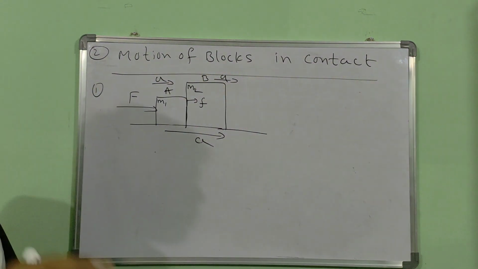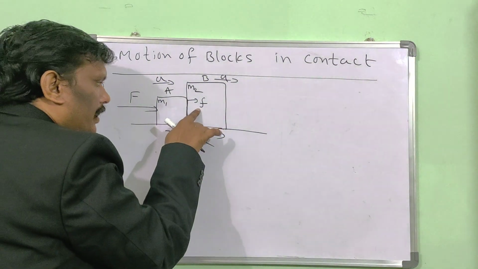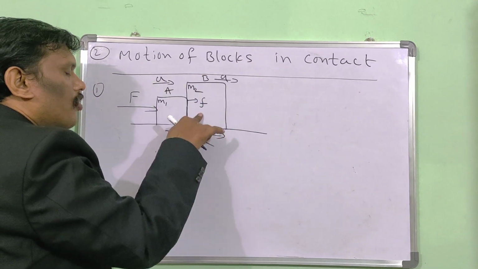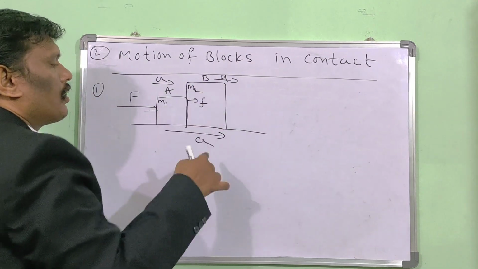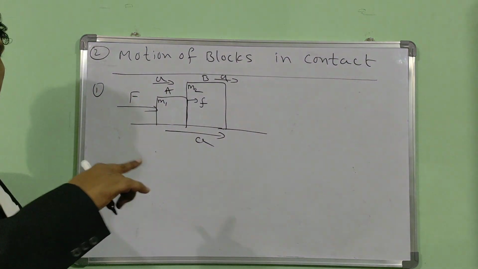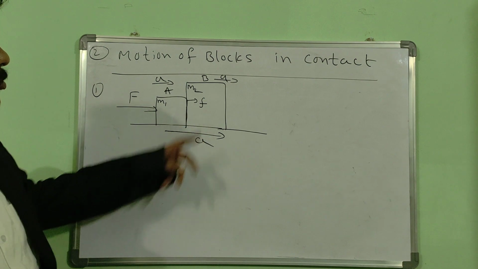Remember my assumption: if I write it inside block B, that force is experienced by block B. If I write it inside block A, that force is experienced by block A. Remember, my students, along with the direction I am going to mention.